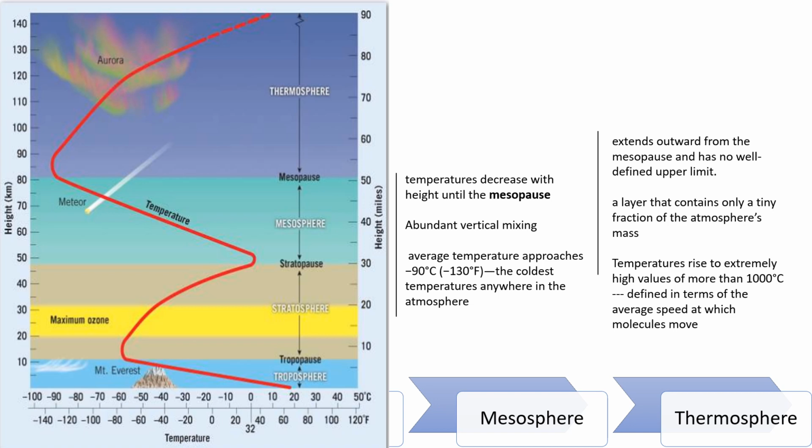That means the temperature depends on the movement of the molecules. The higher the speed, the higher the temperature, because the gases of the thermosphere are moving at a very high speed. That's why the temperature could reach 1000 degrees Celsius. It's very high.